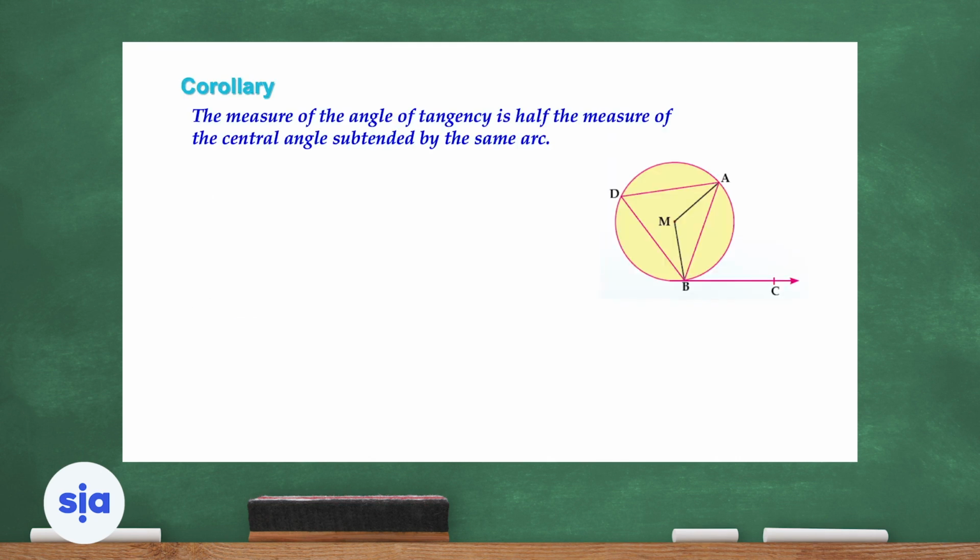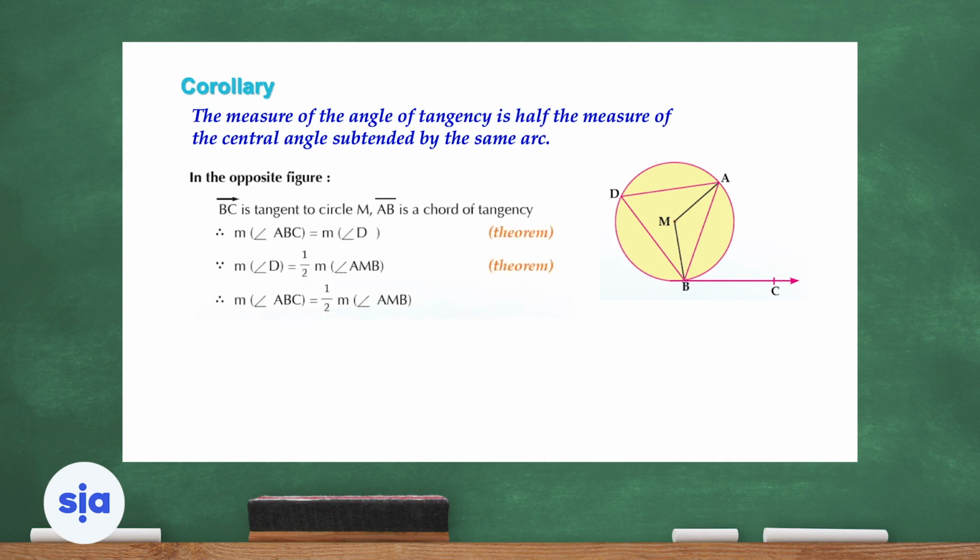The corollary: the measure of the angle of tangency is half the measure of the central angle subtended by the same arc. If you check this figure, you will see that BC is tangent to circle M, where AB is a chord of tangency.